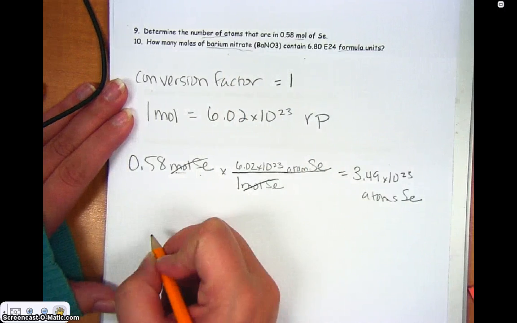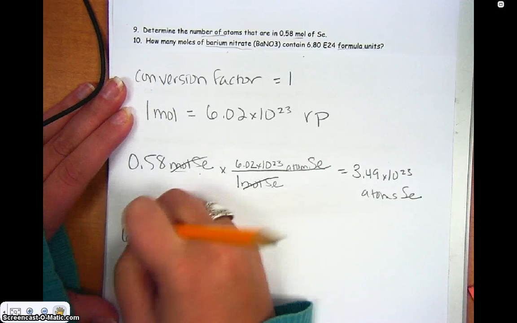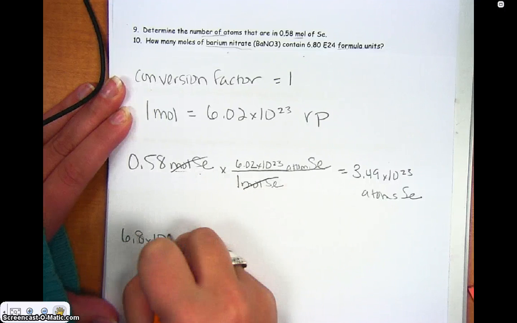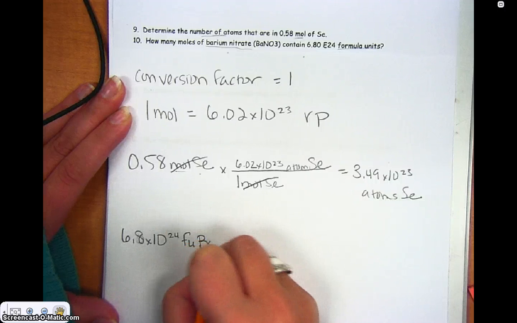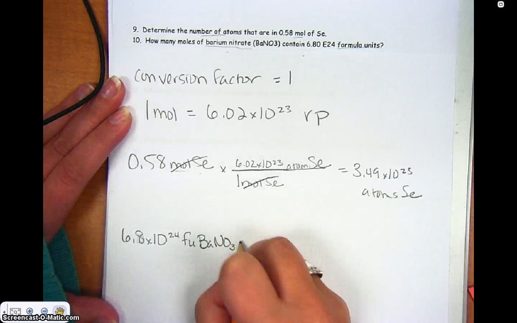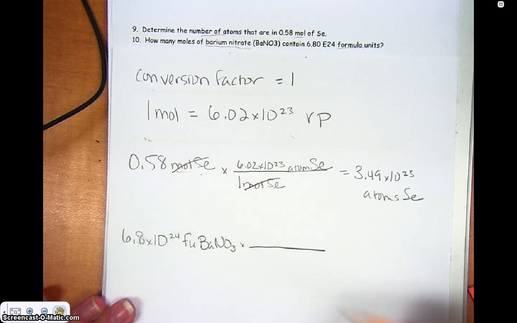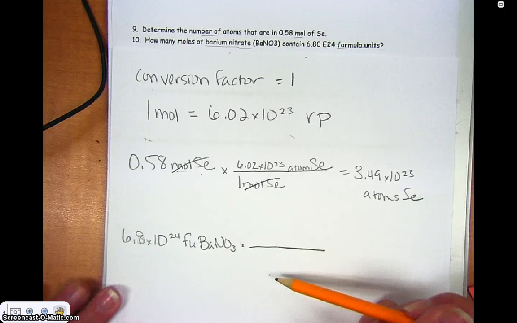So I'm going to start and I'm going to write what I have. So I have 6.8 times 10 to the 24th FUs of barium nitrate. And then I'm going to use my conversion factor. This time I want the mole on top because that's what I'm trying to find, and I want the representative particle on the bottom.